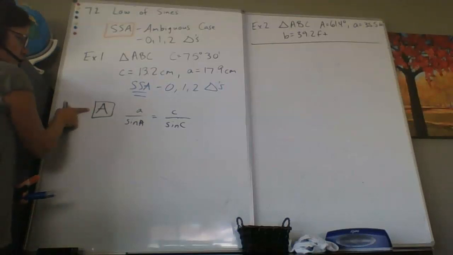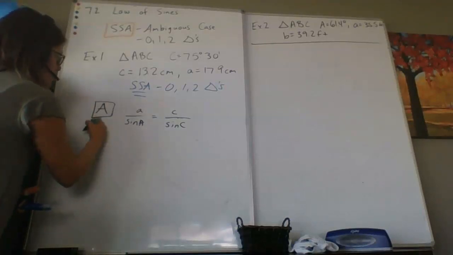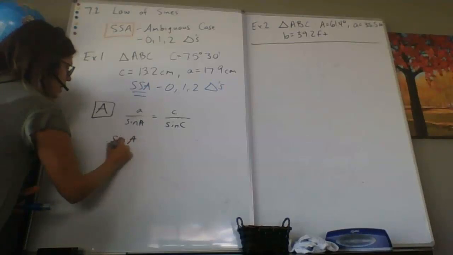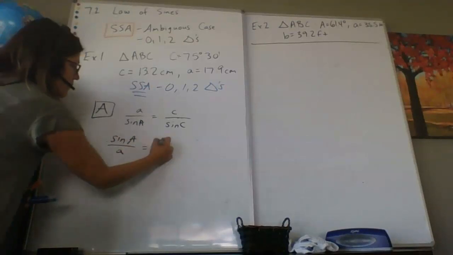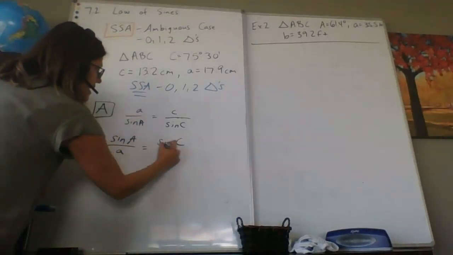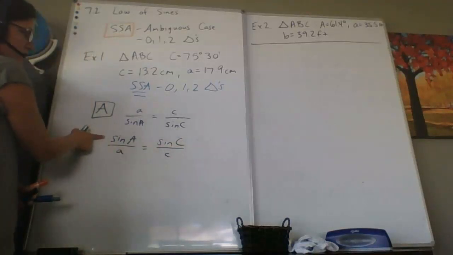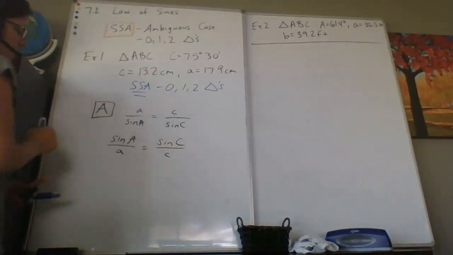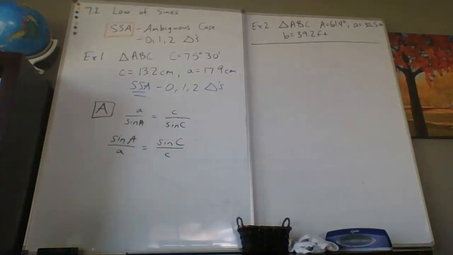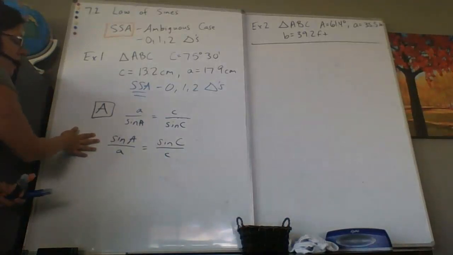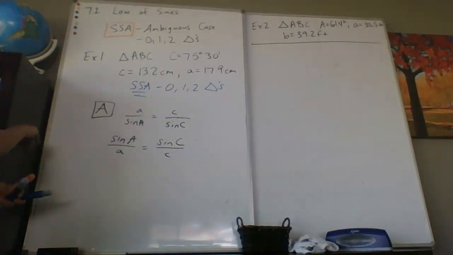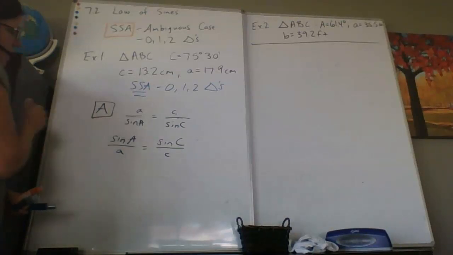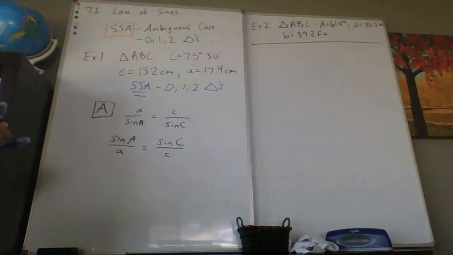So if you choose to do it this way, we would say sine A is on top, so little a will be on bottom. Now sine C has to also be on top. So if you do the sines on top, both of them have to have the sines on top. I will go with the second method only because it makes the solving quicker. You don't have to cross multiply. We will just have to multiply both sides by little a in this case.